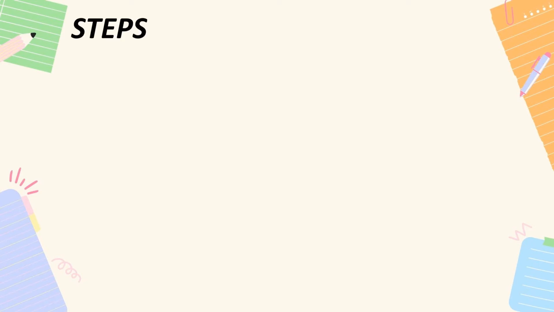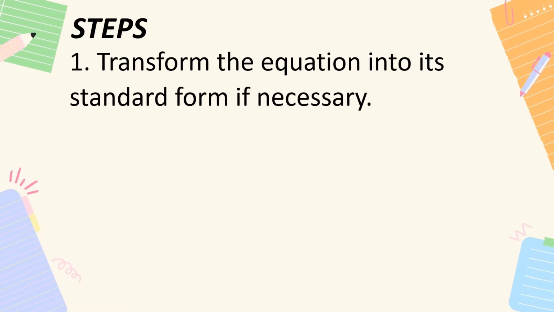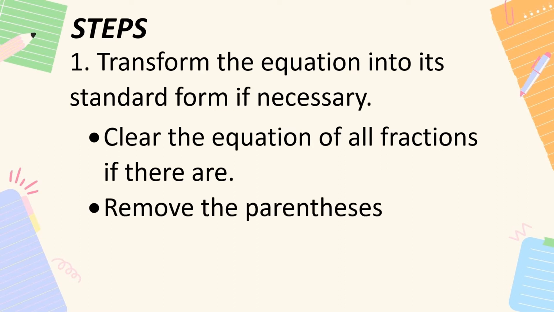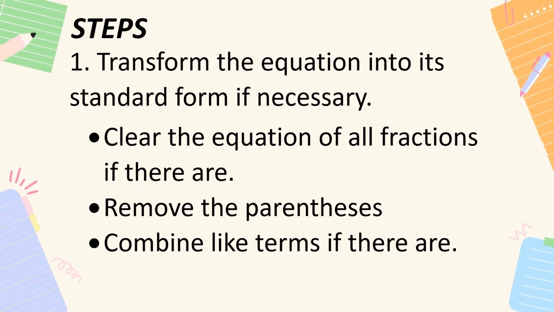So here are the steps in solving quadratic functions by factoring. First, transform the equation into its standard form if necessary. Clear the equation of all fractions if there are. Remove the parentheses and combine like terms if there are.